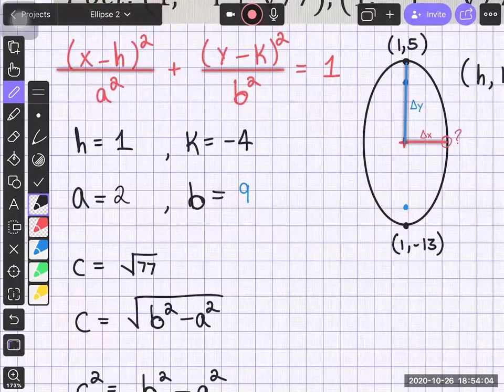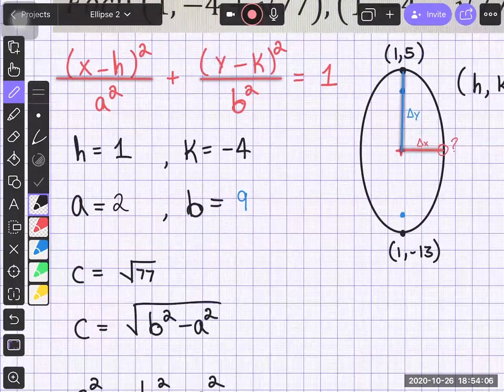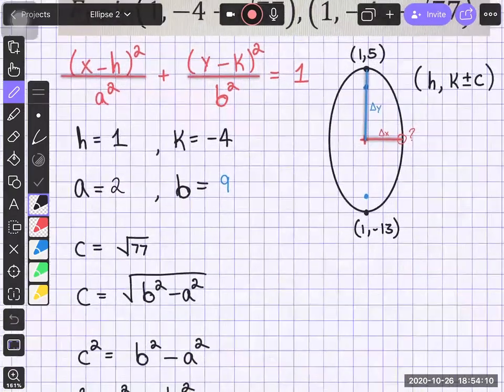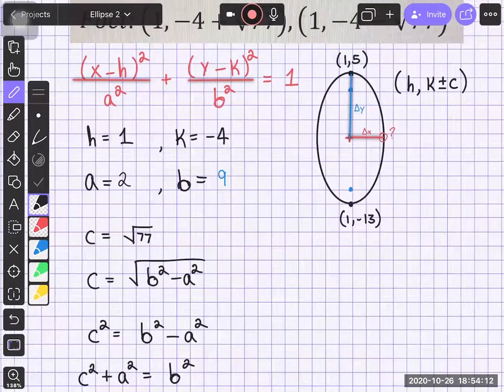So now we have all four values required to write the equation. It's just a matter of substituting them.